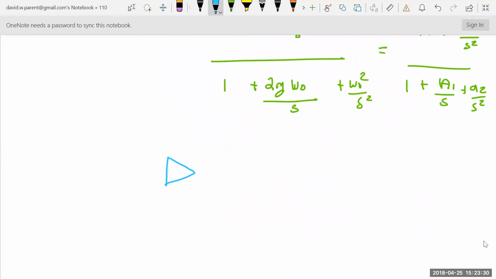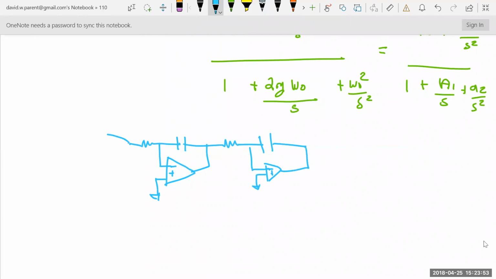Second order means 2 integrators. A summer.